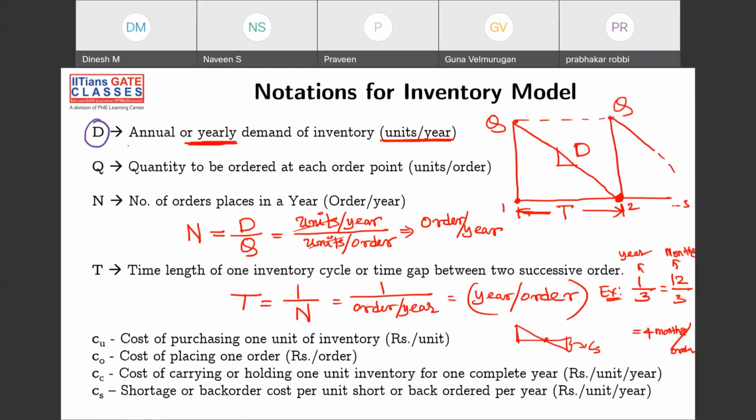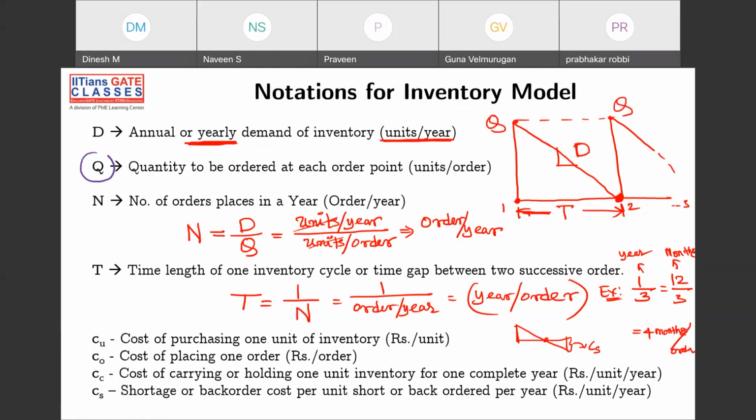That is nothing but annual. Please remember, every time we are considering 1 year. Very important: unless something is mentioned, you have to consider it as 1 year only. Annual or yearly demand of inventory, that is units per year, quantity per time. That is D.